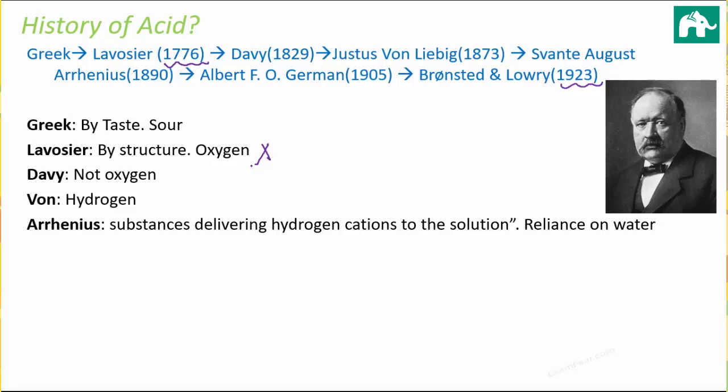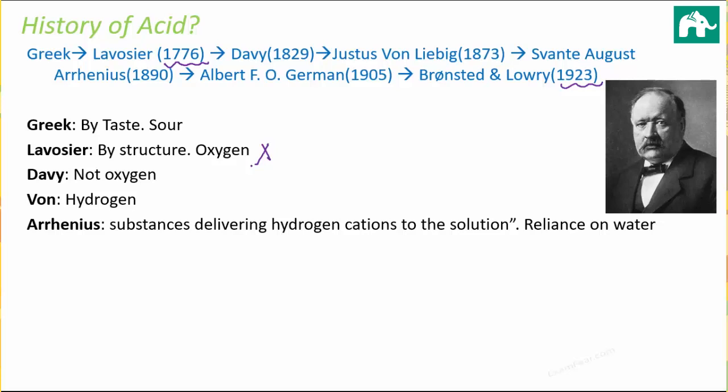He said that substances delivering hydrogen cations to the solution are acids. So he completely relied on water. If you have a substance which you have to identify as acid or not, you will have to dip it in water and see if it is releasing hydrogen ions.